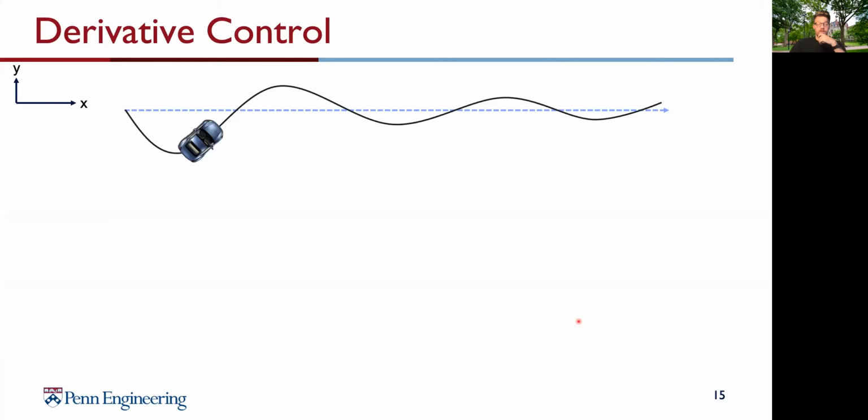So what is good about the P controller? The P controller improves the steady state accuracy by decreasing the steady state error. Remember, the steady state error is defined as the difference between the input and the output of a system in the limit as time goes to infinity.